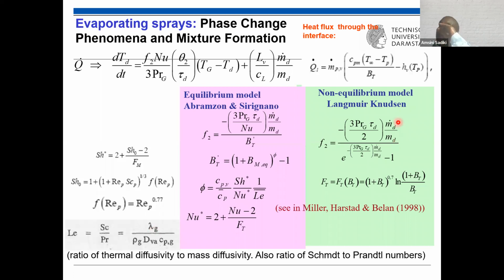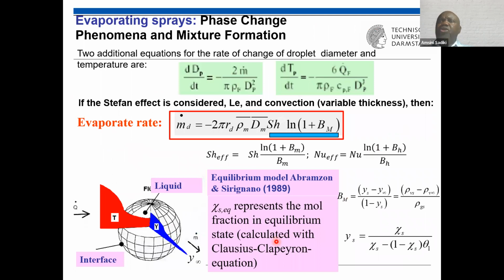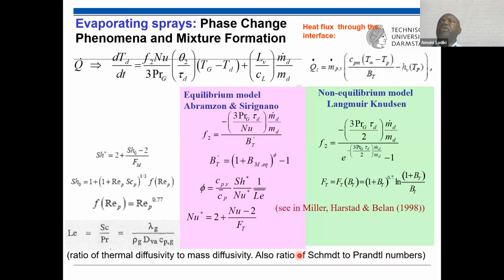So we can also have the so-called non-equilibrium model. It is for very, very small particles in which the Clausius-Clapeyron equation is no longer valid. And here we introduce the so-called Langmuir-Knudsen consideration.